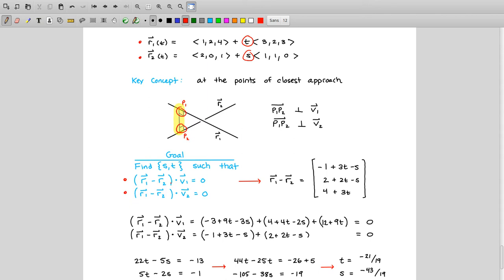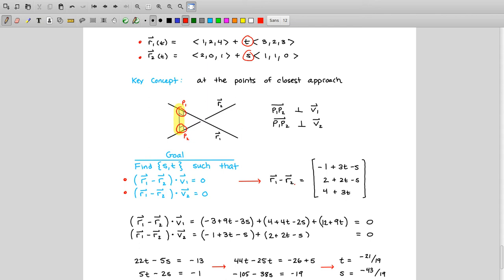R1 minus R2 dot V1 is 0, and R1 minus R2 dot V2 is 0. So what is this R1 minus R2 object? Well, you can simply subtract the vector representation of both line segments, and you get negative 1 plus 3t minus s, 2 plus 2t minus s, 4 plus 3t. You get an expression containing both t and s.